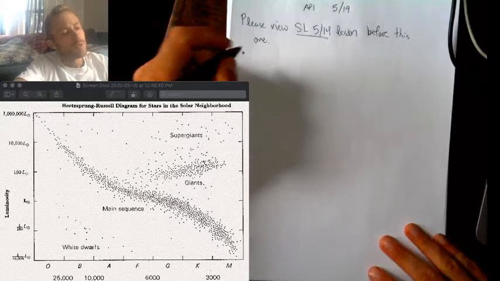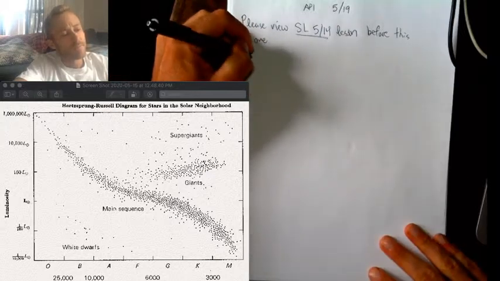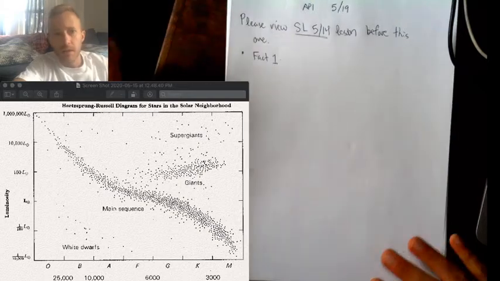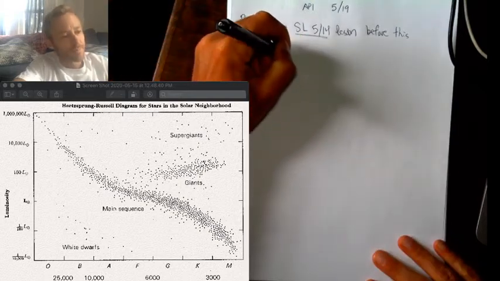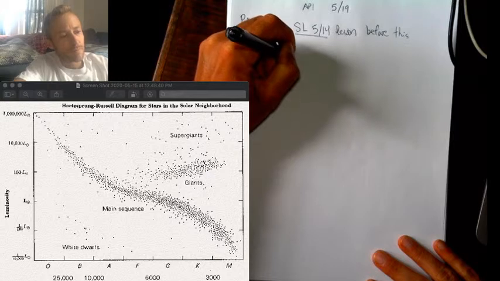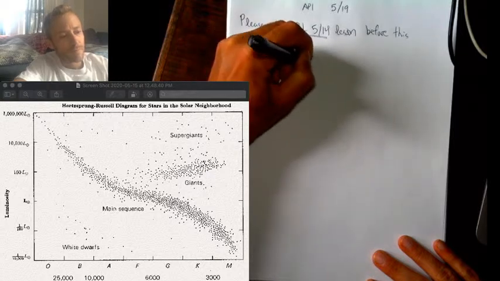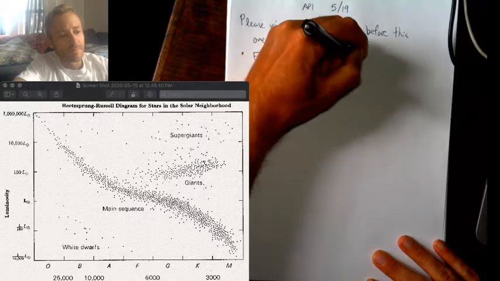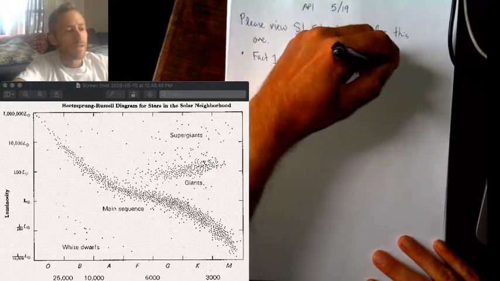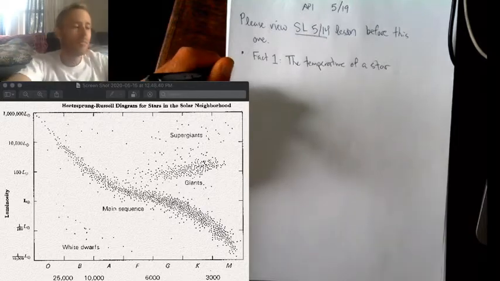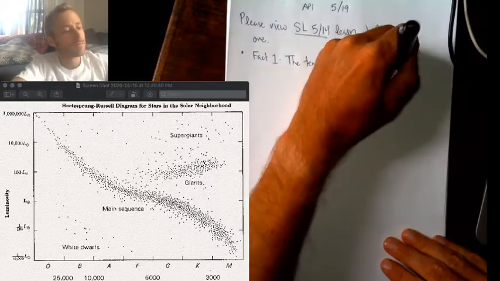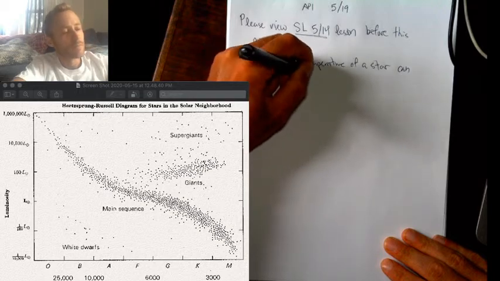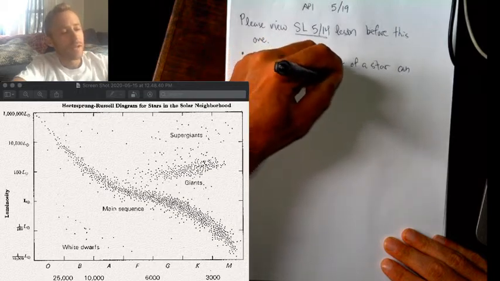The first, fact one, is that the temperature of a star can be determined by its color.